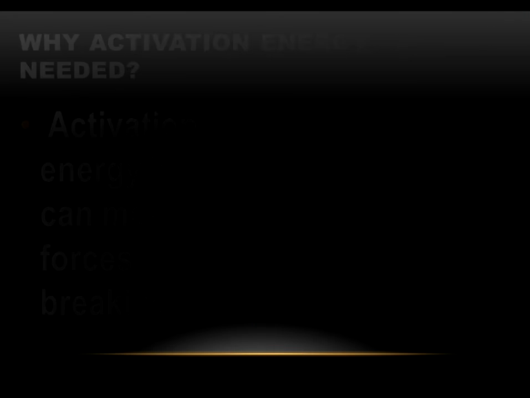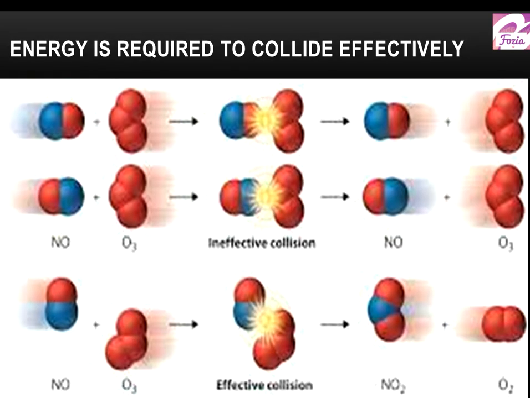As you can see, the same concept can be learned from this diagram. Here you can see nitrogen monoxide combined with triatomic ozone, and they are just present in the medium.